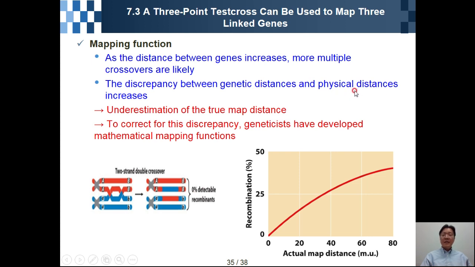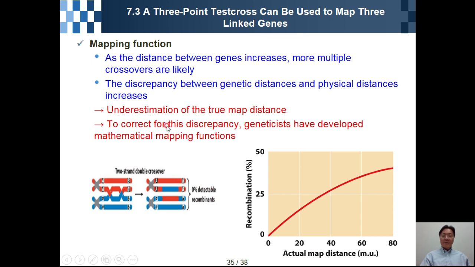It means that it can induce underestimation of the true map distance. For example, the actual map distance is 40 mu, but the recombination frequency is around 30%. For example, around 10% we cannot detect the recombination.